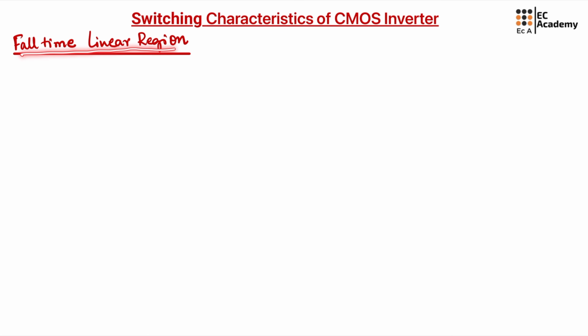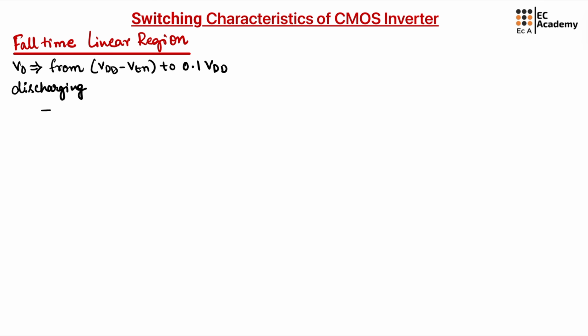Now let us understand the fall time of the linear region. In the linear region, the output falls from VDD minus VTN to 0.1 VDD. During discharging of the transistor, we can write minus CL dV0 by dt equal to beta n into (VDD minus VTN) multiplied with V0 minus V0 square divided by 2.